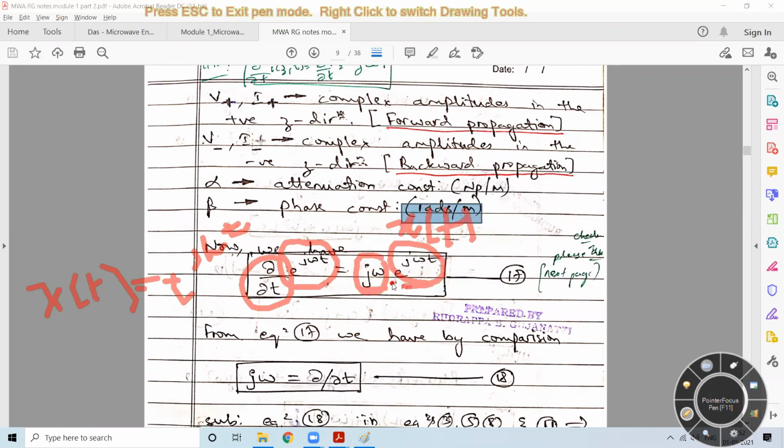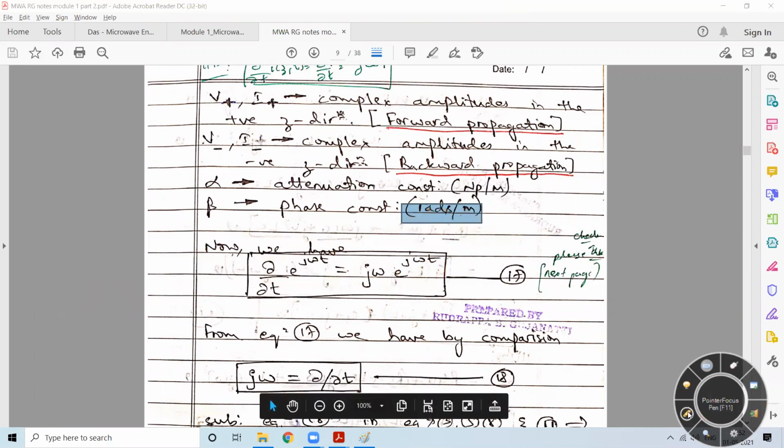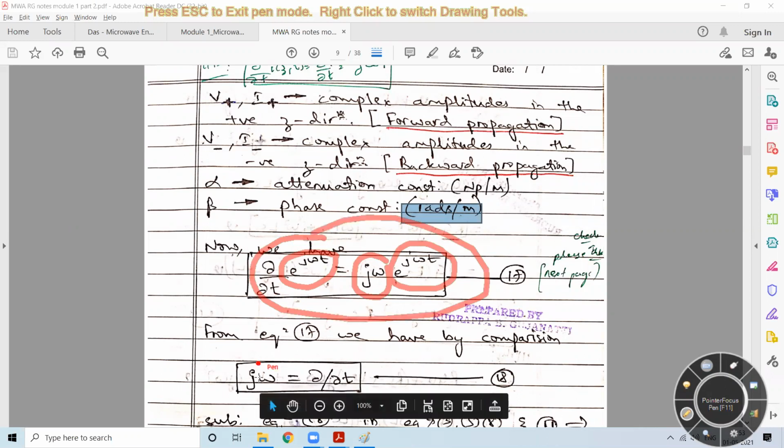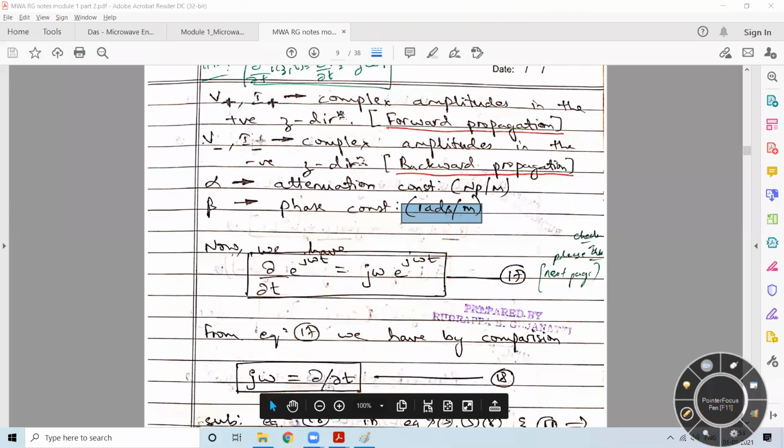So when you take differentiation of this, it is equivalent to multiplying j omega with e raised to j omega t. Therefore, when we compare both sides, dou by dou t acts as this parameter, multiplied with the other parameter. That's why we specify dou by dou t equivalent to j omega.